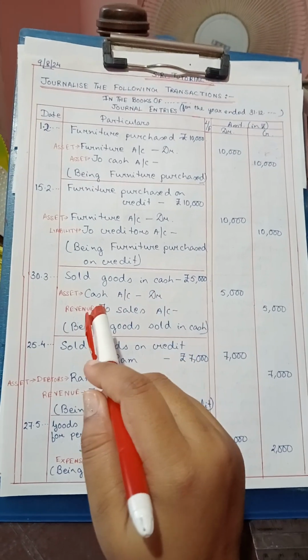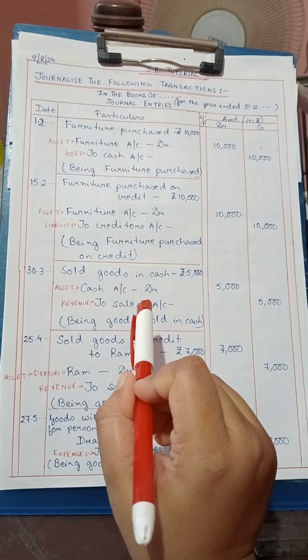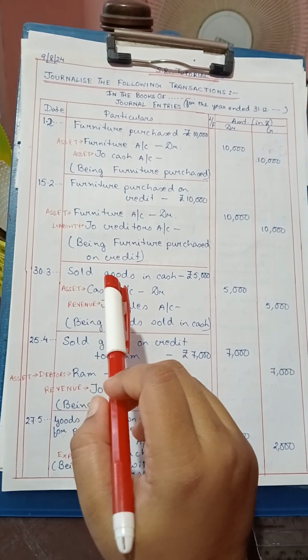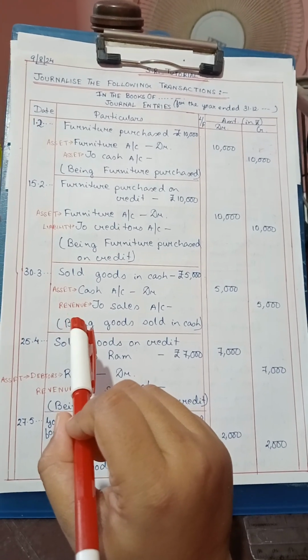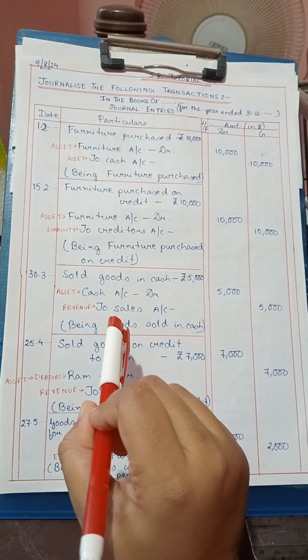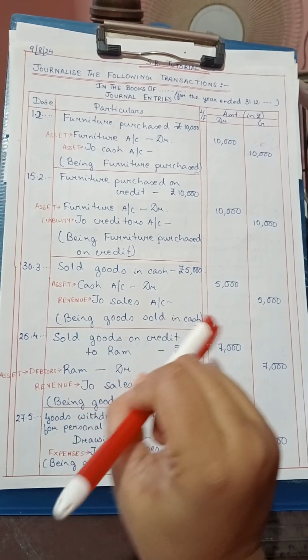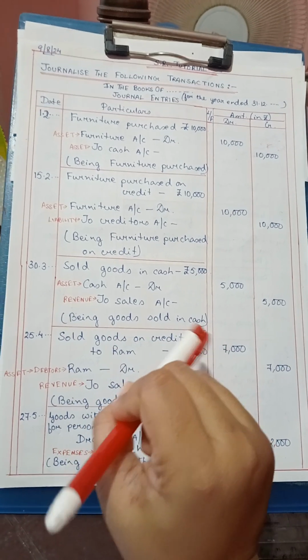So cash comes into the business, cash is an asset, it increases, so it should be debited. And sales have been done, so revenue increases. We know when revenue increases it should be credited. So to sales account, revenue, 5,000, 5,000, being goods sold in cash.